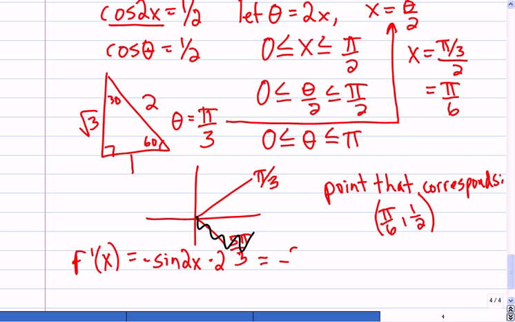So it'll be negative 2 sine 2x. And at this particular value, pi over 6, 2 times pi over 6 is pi over 3. So if I look at that same triangle up here, the sine of pi over 3 will be root 3 over 2.